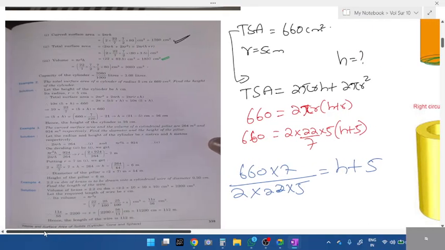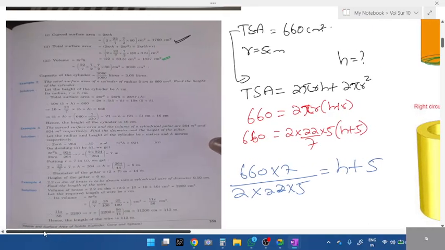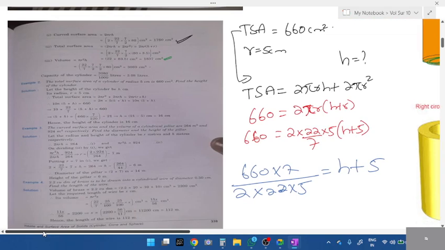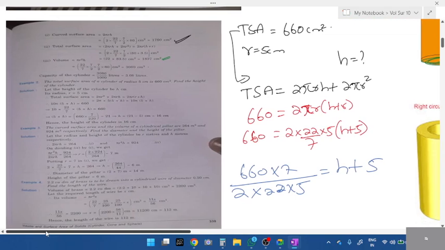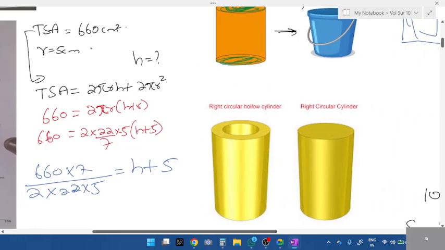What about centimeter and meter? Radius is also in centimeter, height is in centimeter, and total surface area is also in centimeter. Look, both are in centimeters. For example, if r is given in meter, just because the total surface area is in centimeter, you have to convert r into centimeters. 1 meter is equal to how many centimeters?